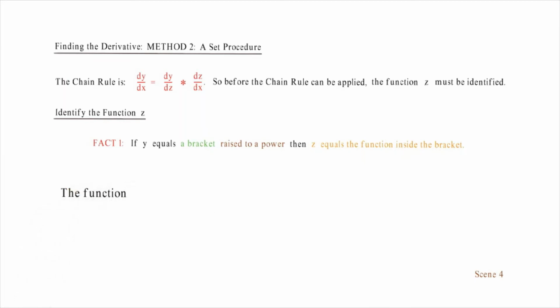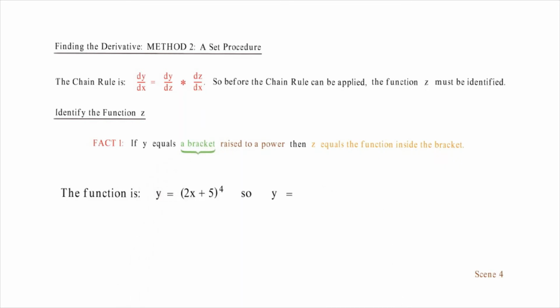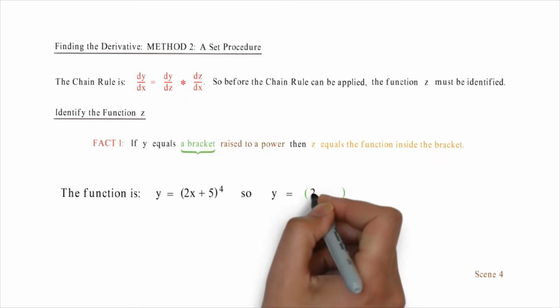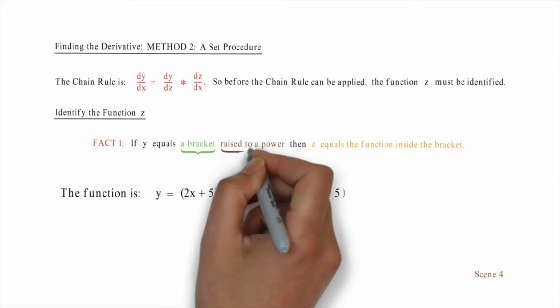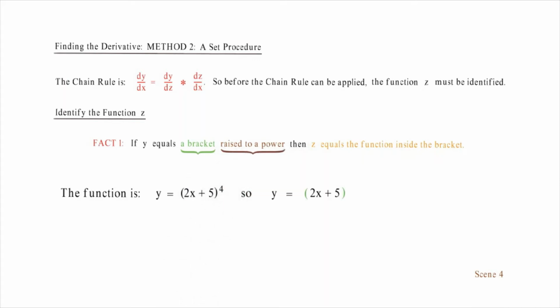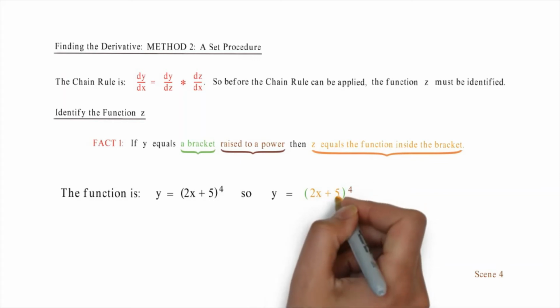The function is y equals a bracket with 2x plus 5 inside, raised to a power which is 4, then z equals the function inside the bracket, which is 2x plus 5.